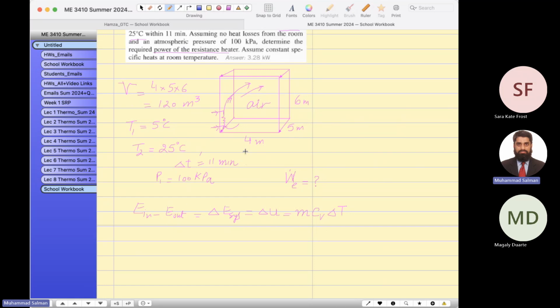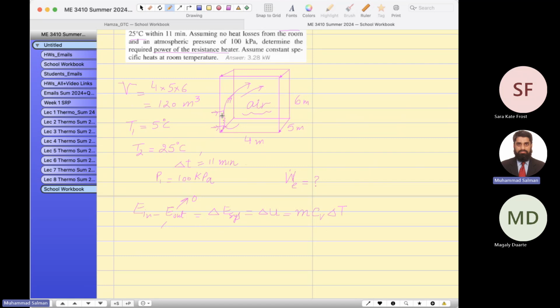And now energy going in. There is no energy out, because this air is not lifting any piston, nor is it being compressed by any piston from the top. So there is zero work done on or by the system.